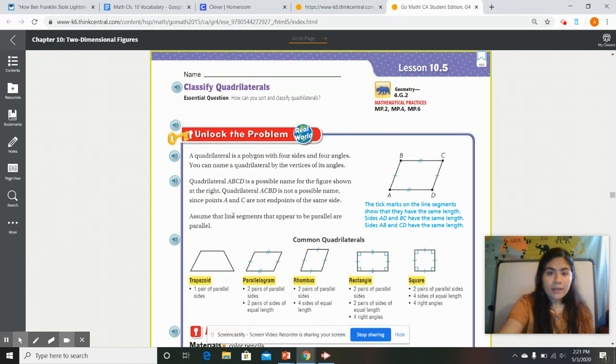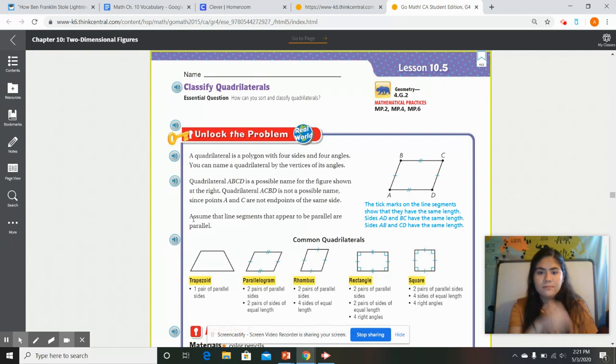A polygon is a shape that has 3 or more sides or angles. But a quadrilateral, more specifically, has 4 sides and 4 angles. So all the polygons we're looking at today have those specific characteristics. 4 sides, 4 angles, at least, right?